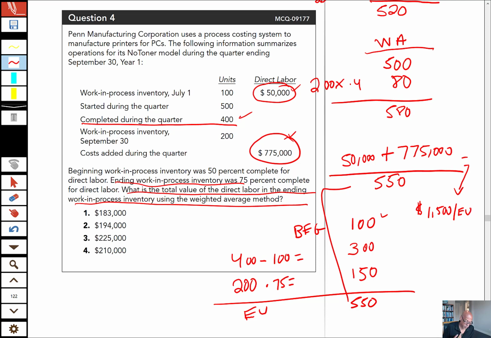Now, of course, to answer the question, make sure you know what you're looking for here. We just want to figure out the amount in the ending inventory, so ending work in process inventory. So I just pick up that 150 units. And the $1,500 times 150 units gives me the right answer, which is $225,000.